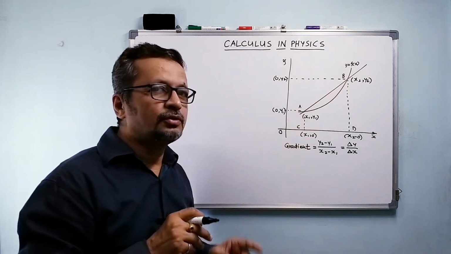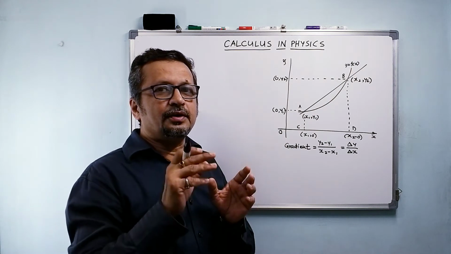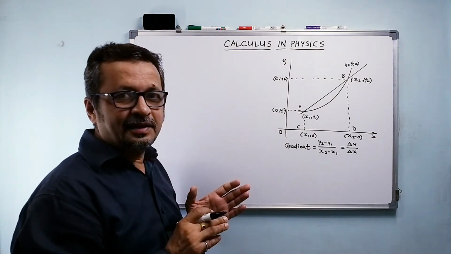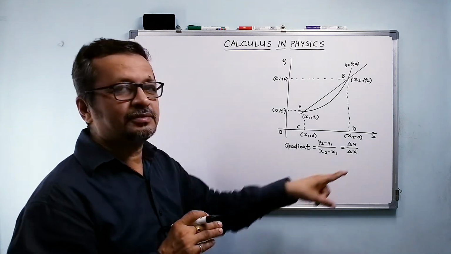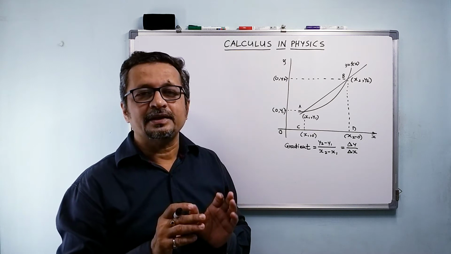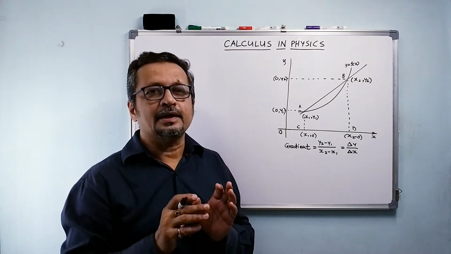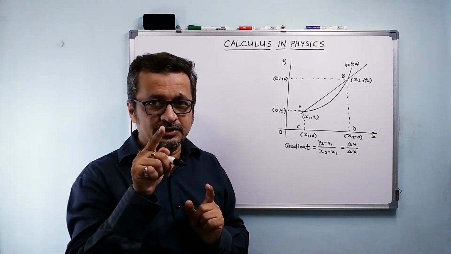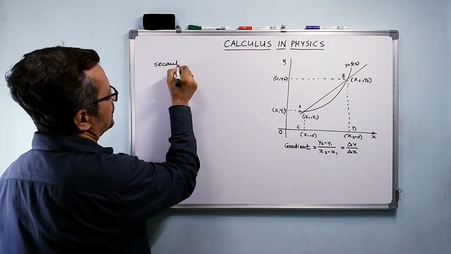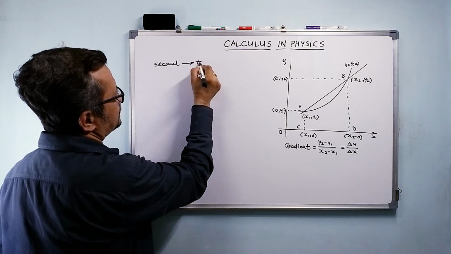Likewise, this point is never going to reach point A, but still, when my delta x takes an infinitesimally small value, then that secant can be considered as tangent. So secant tends to tangent.